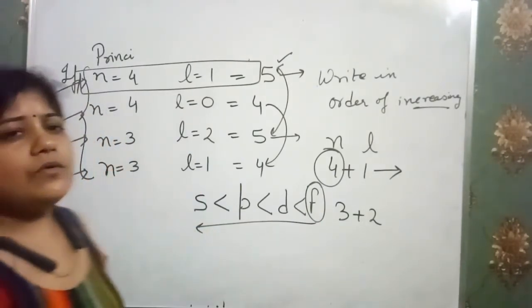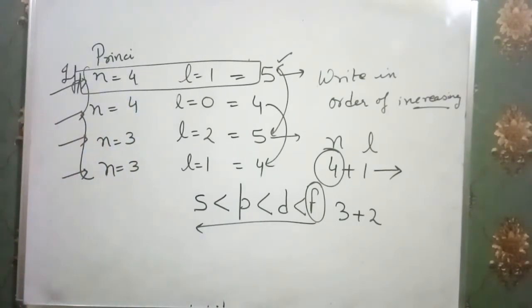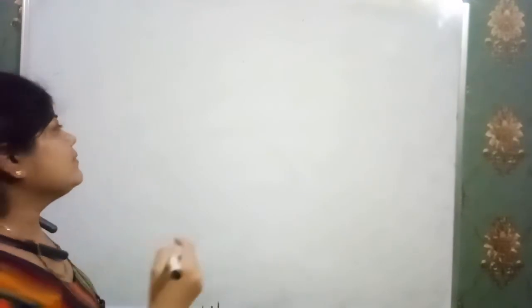Okay. Now another type of pattern I am going to take for quantum numbers, which is asked in this topic. The next topic in quantum numbers is to find the total number of quantum numbers.